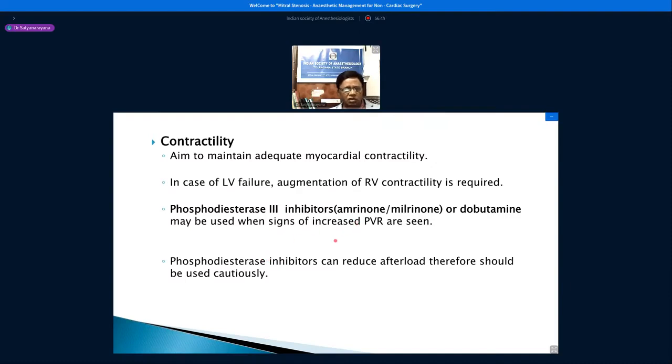Particularly when a patient is already on a beta blocker, the choice between amrinone and milrinone is milrinone, because it causes less bradycardia. So dobutamine may be required. Either you can choose any one drug; it's at the discretion of the anesthesiologist, depending upon the condition. So these are the options available. Remember, phosphodiesterase inhibitors can reduce afterload, so you should use them cautiously.